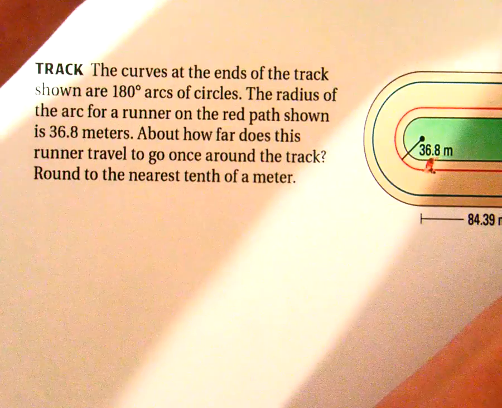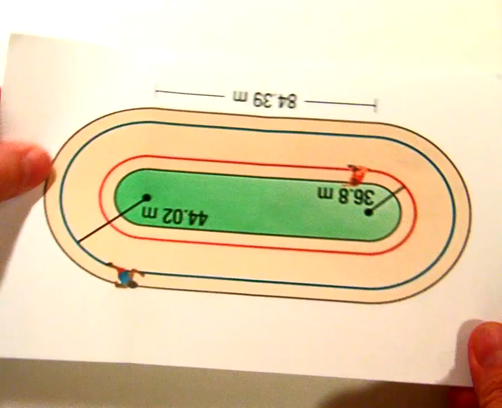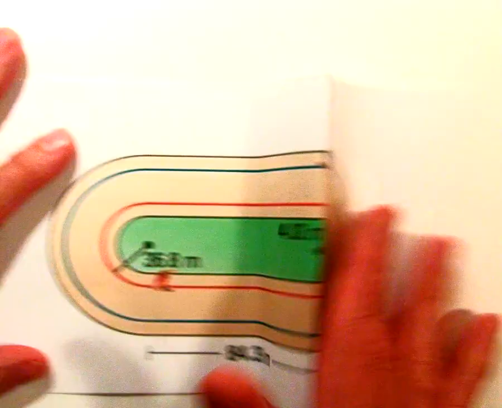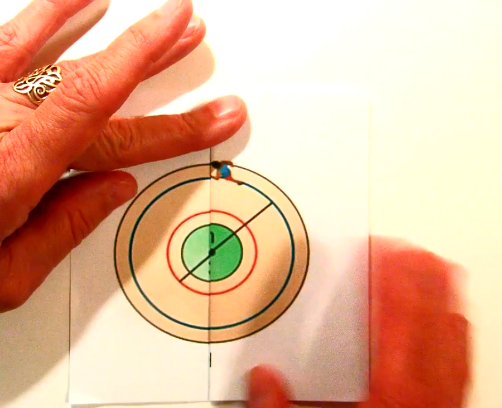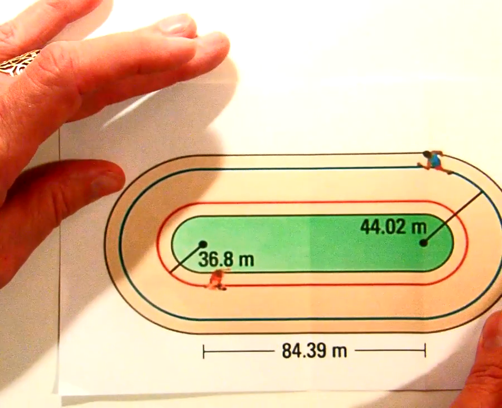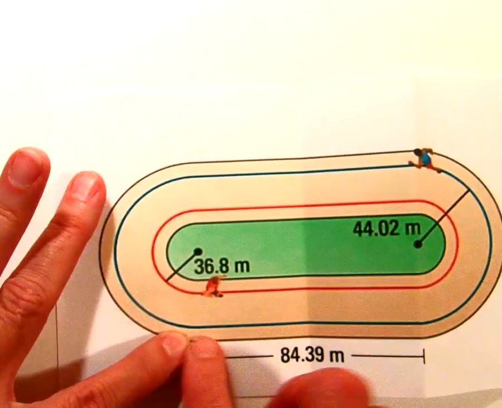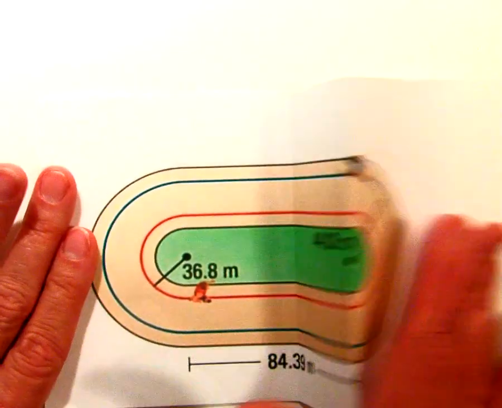Let's see what that'll look like. As it just described, here's the track, and it's composed of half a circle and half a circle that are connected by straight lines. Kind of like the rectangle is the two diameters. In the middle is a rectangle between the halves of the circle.